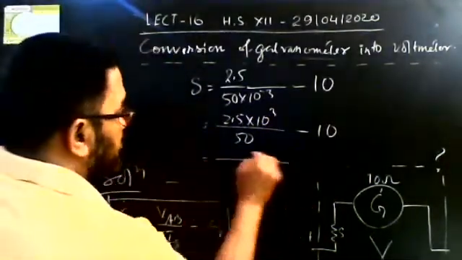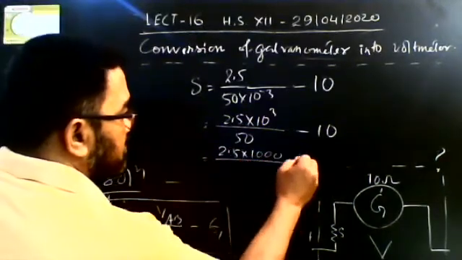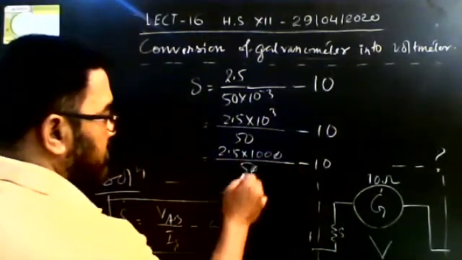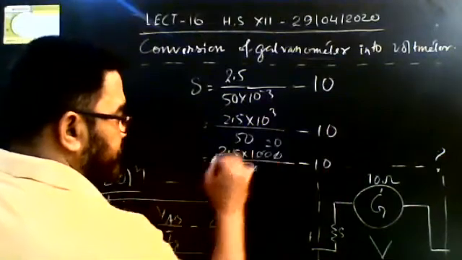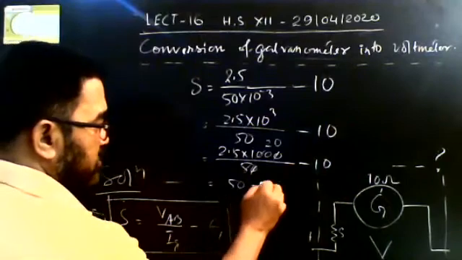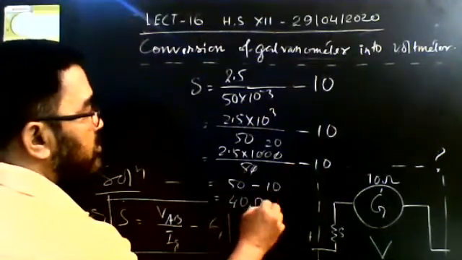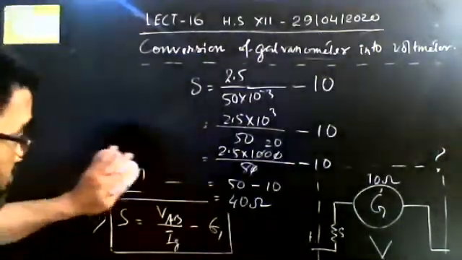So 2.5 into 1000, the zeros will be cancelled. It will be 50 minus 10, so the answer is 40 ohm. So 40 ohm is the correct answer.